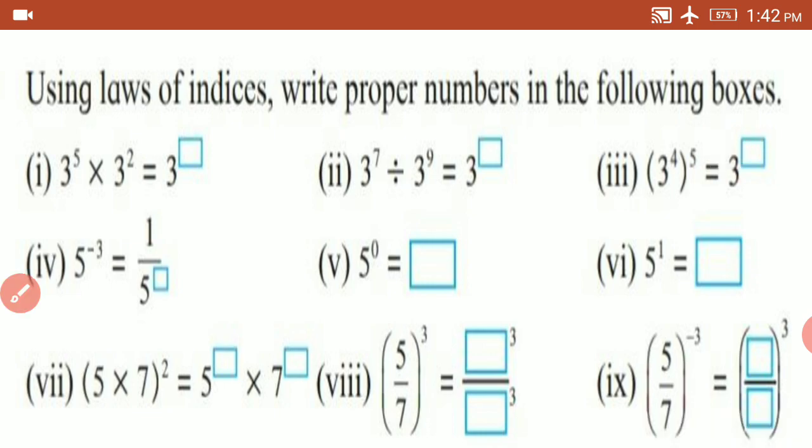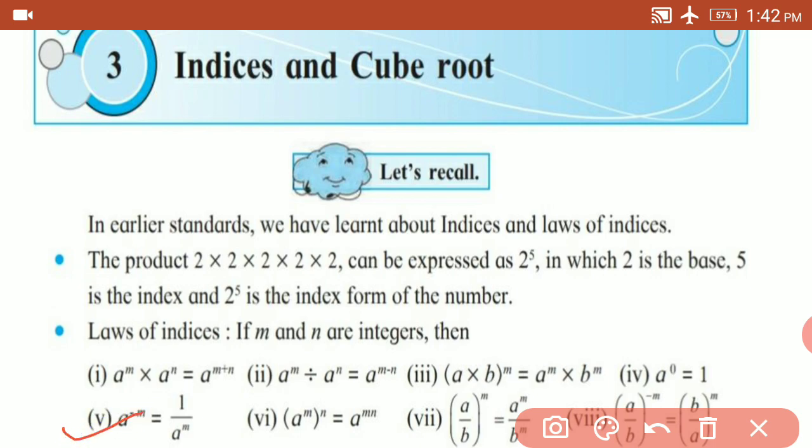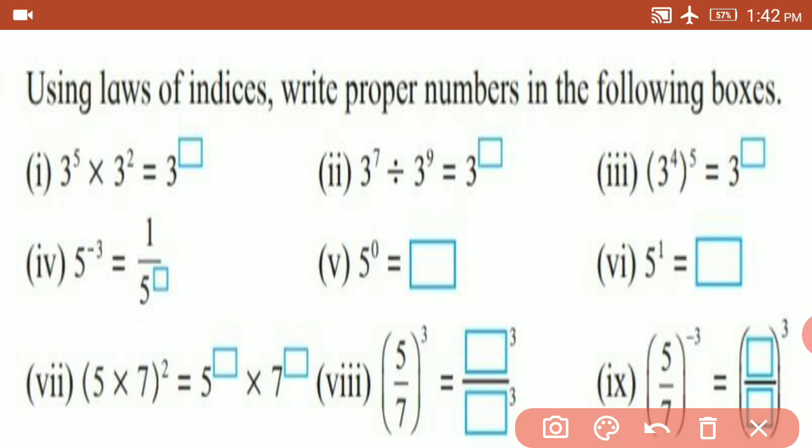Then next example, 5 raised to minus 3. In this example, the fifth law is applicable. a raised to minus m is equal to 1 upon a raised to m. Here, the answer is 5 raised to minus 3 is equal to 1 upon 5 raised to 3. Then next example, 5 raised to 0 is equal to how much?